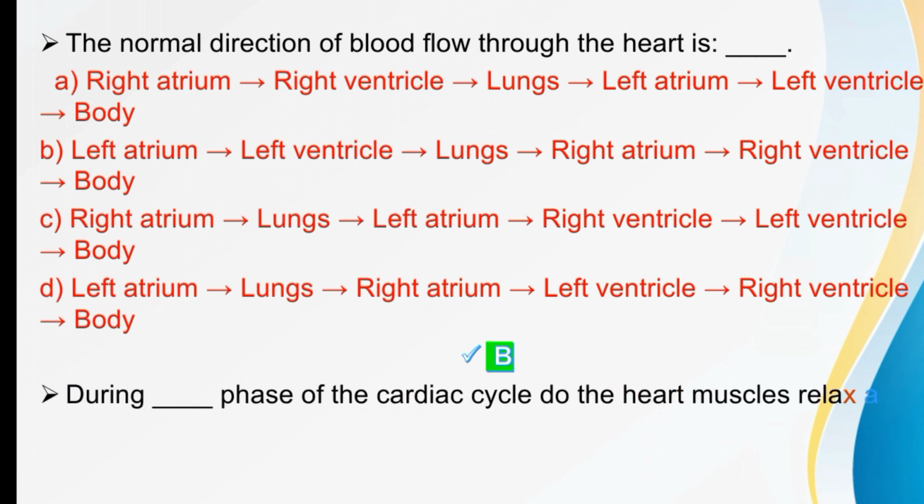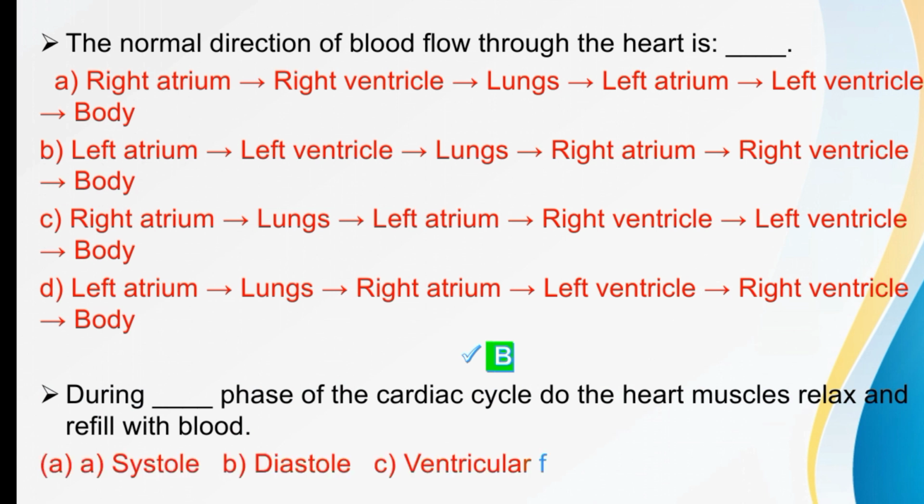During dash phase of the cardiac cycle, do the heart muscles relax and refill with blood? Systole, diastole, ventricular fibrillation, or tachycardia. So the right option is diastole. During the diastole phase of the cardiac cycle, the heart muscles relax and refill with blood.